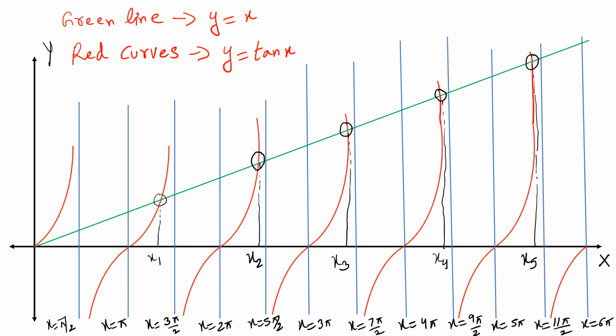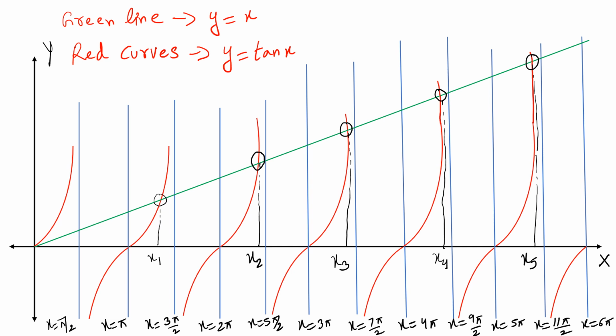In the left neighborhood of x1, x3 and x5, cos x is negative and tan x is smaller than x. And the denominator of f dash x, which is 2x plus sin x whole square, is always positive. So that means I can say that in the left neighborhood of x1, x3 and x5, the sign of f dash x is positive.